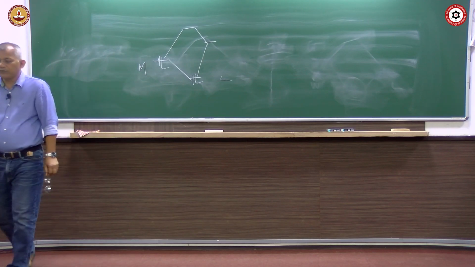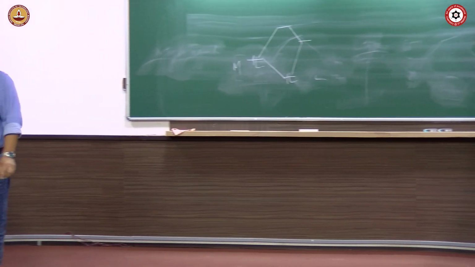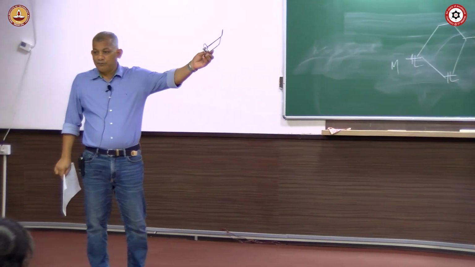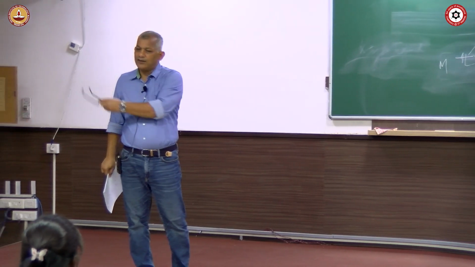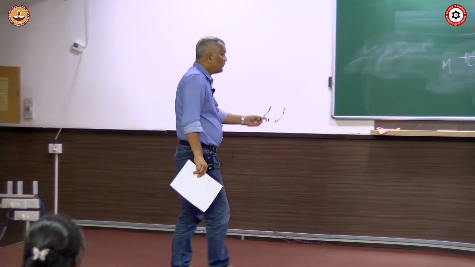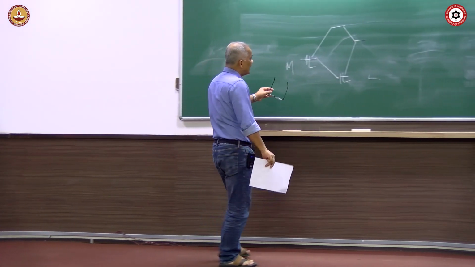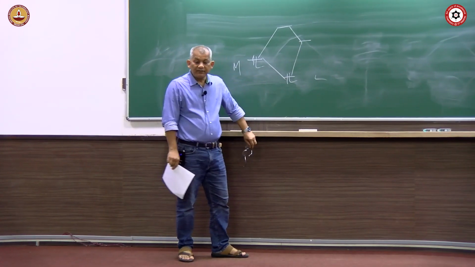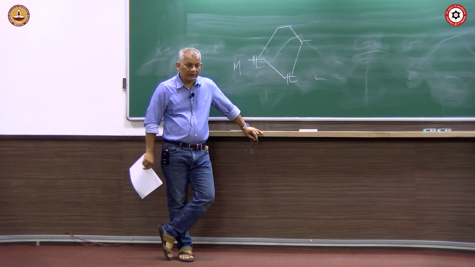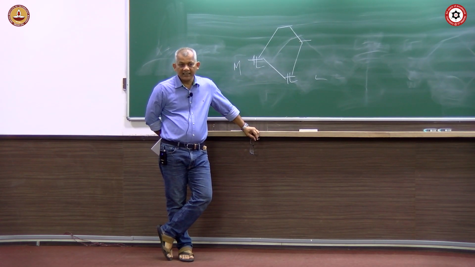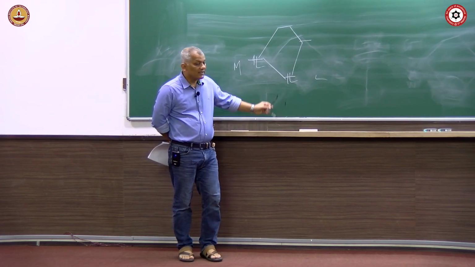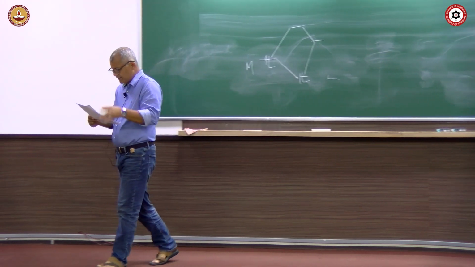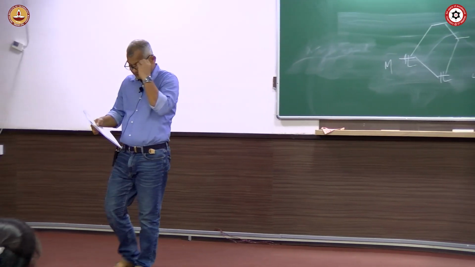This metal could be anything, from the early transition metals all the way up to nickel. So you have 3 different types of ligand: one in which both metal and ligand give electrons, one in which only the ligand gives electrons, and one in which only the metal gives electrons. What is a typical example in this case? Can you give one?